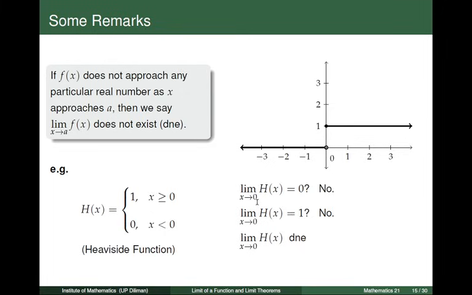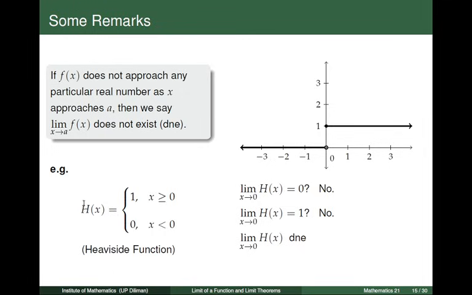Now, as a further remark, let us consider this slide. If f of x does not approach any particular real number as x approaches a, then we say that the limit of the function f as x tends to a does not exist, which we sometimes abbreviate as DNE. Alright? So let us consider an example.